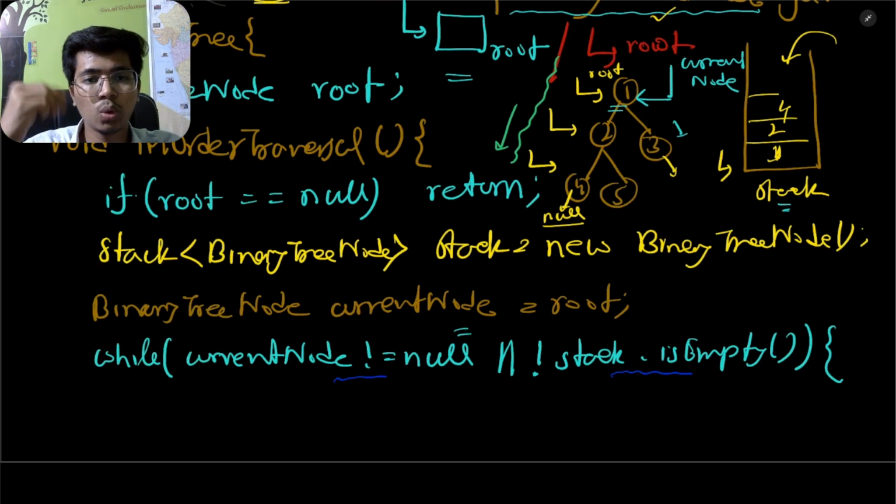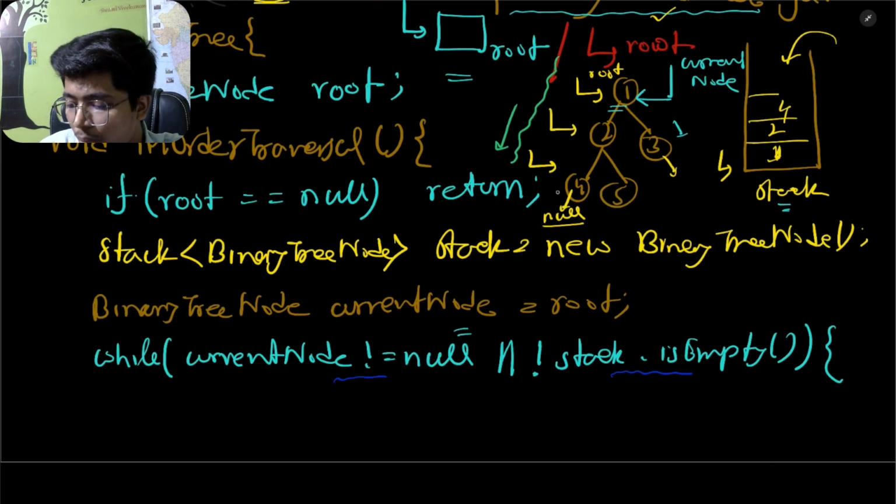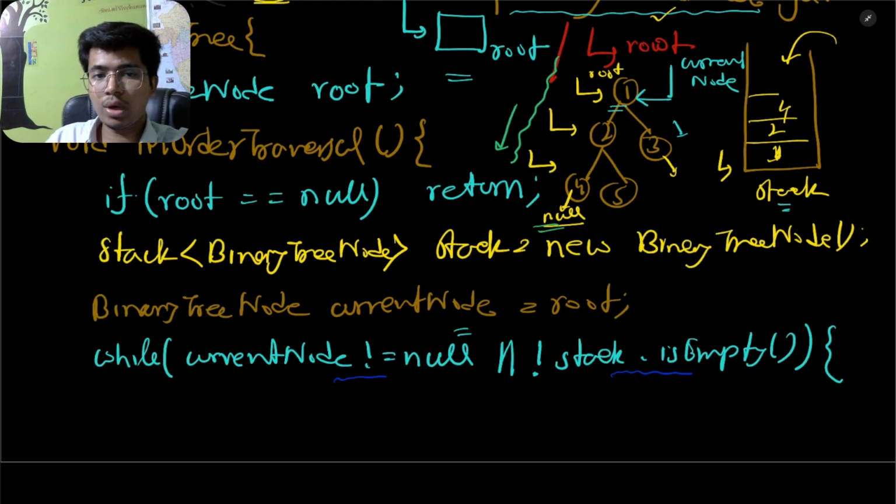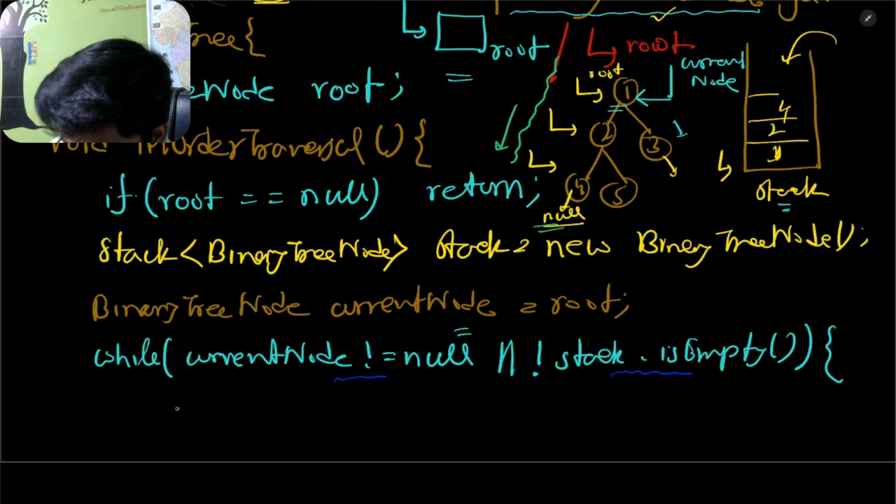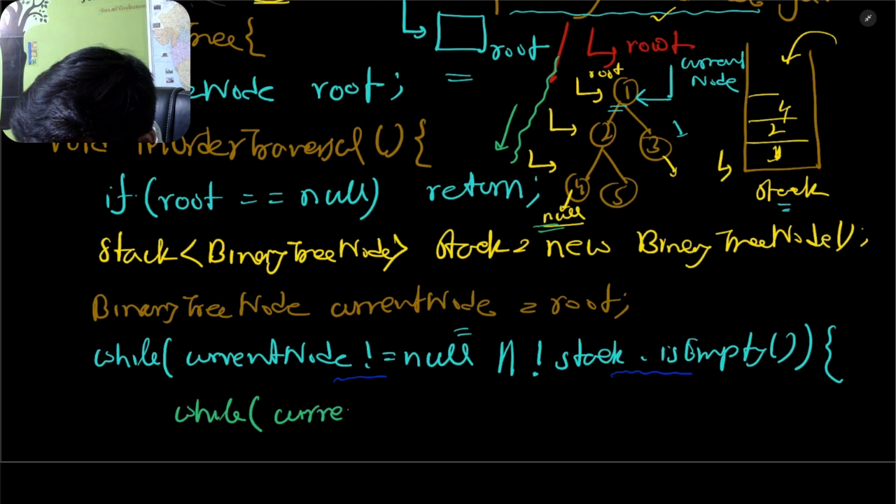To approach continuously, we require a loop. So again we'll apply a loop, and we will not stop the loop until we meet a null value. Let's write: while current node not equals to null.